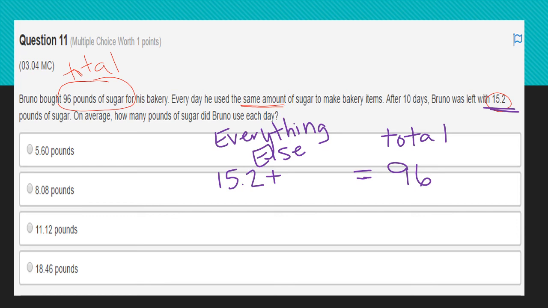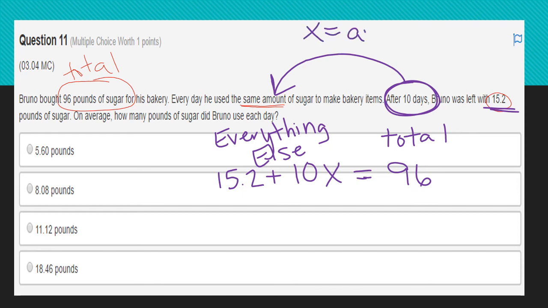Now this is the part that's a little interesting. It says after 10 days, and this is very important to keep that in mind because if he used the same amount of sugar each day, and we know that he used it for 10 days, that's why they tell you that. I'm going to just put X there, where X represents the amount of sugar that he's used. So I'm going to put that on the top, each day.